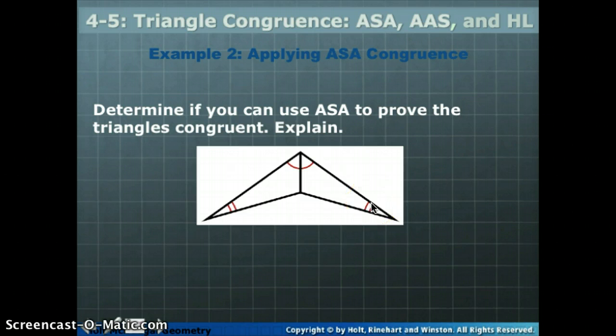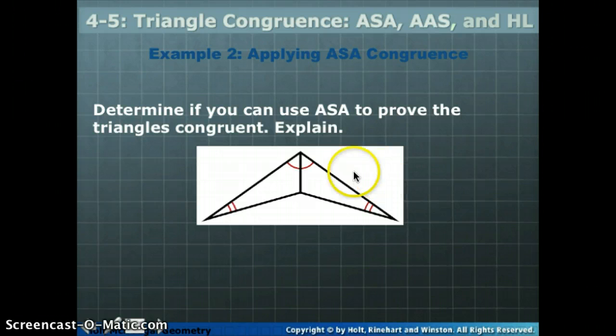The only other information we have is that anytime the two triangles are touching, they have a side that is congruent because of the reflexive property. It's the same side that is a part of both triangles. So we do have two sets of angles and a side. Now we want to check: is the side that we're given in between, or included in, the two angles?